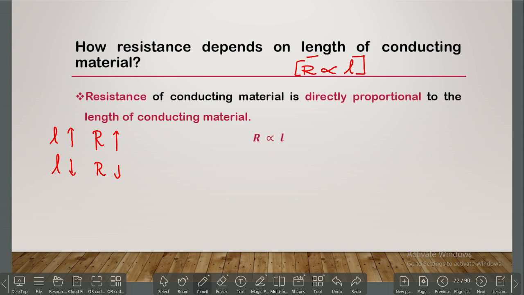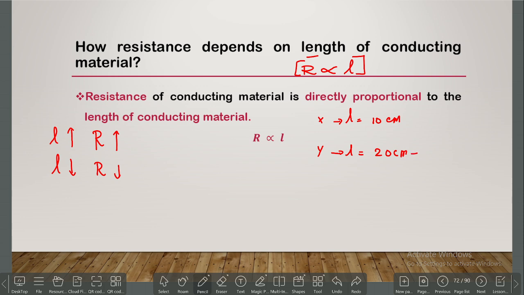So let's take two conductors, one is X and another one is Y. Let's take the length of conductor X as 10 centimeter, and conductor Y as 20 centimeter. Out of these two conductors, which will offer more resistance, X or Y?